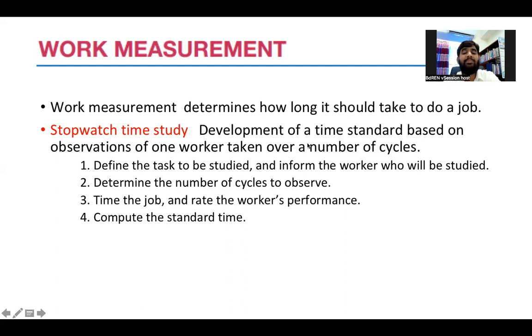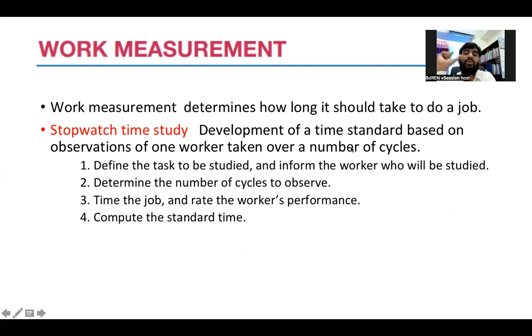And the development of a time standard based on observations of one worker taken over a number of cycles. So when you are doing a time study to know the standard time to produce a product, you need observations of one worker taken over a number of times.